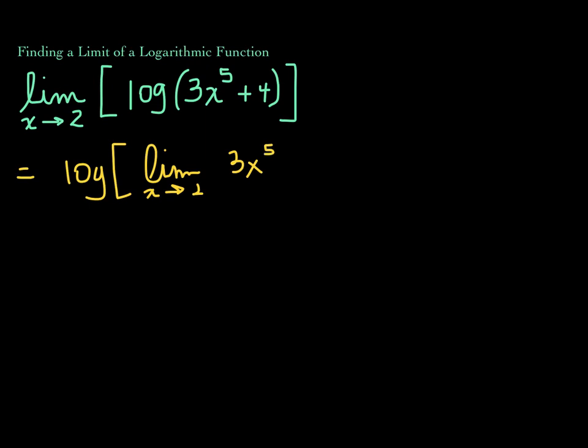Now, 3x to the 5th power plus 4, that is a quintic. Degree 5 is called quintic binomial. So this is a polynomial function of degree 5. We can just plug 2 in.